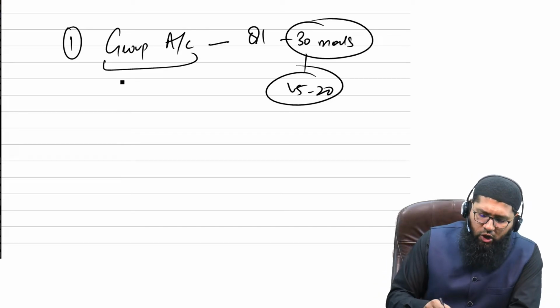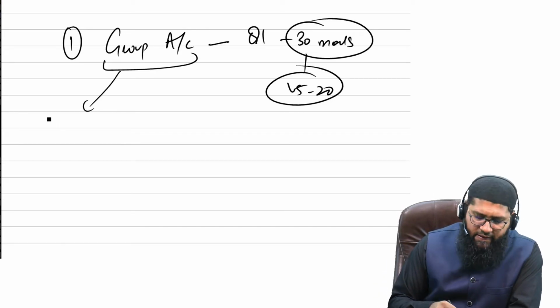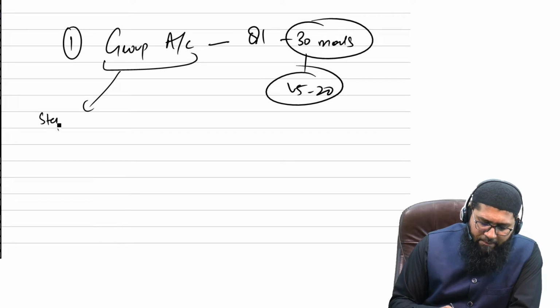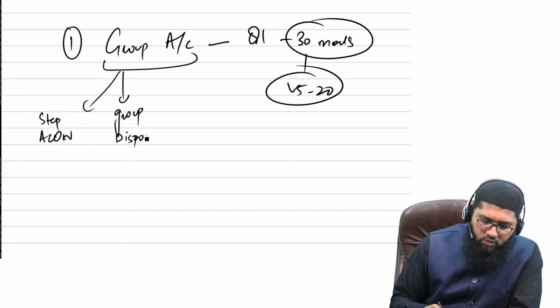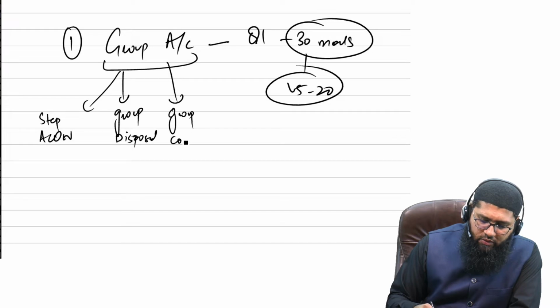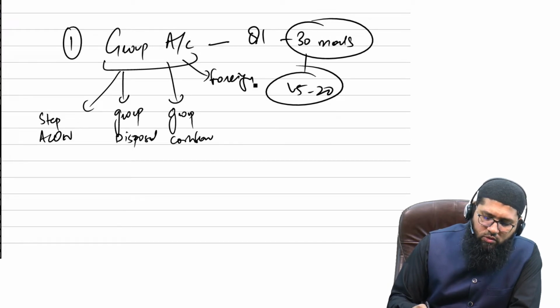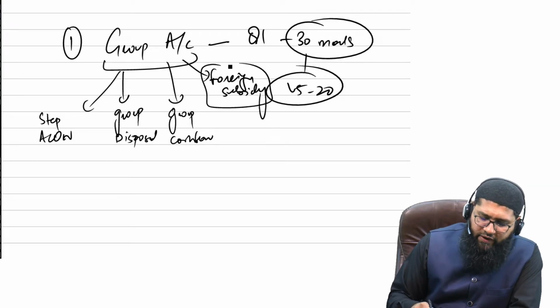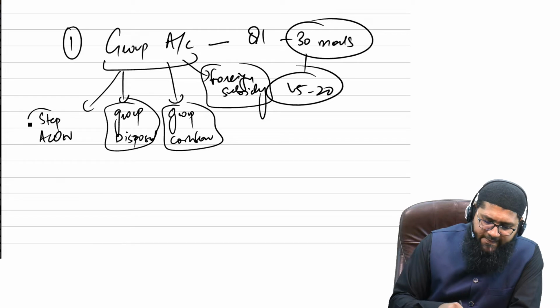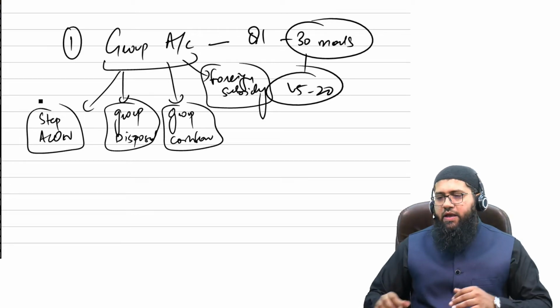So you've got all types of group accounts topics, whether you talk about the step acquisition, the group disposals, the group cash flow, or the foreign subsidiary, etc. Every single thing is going to be important.